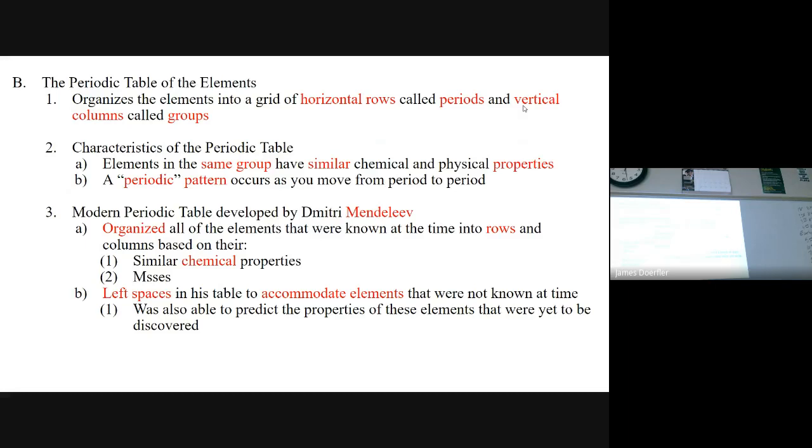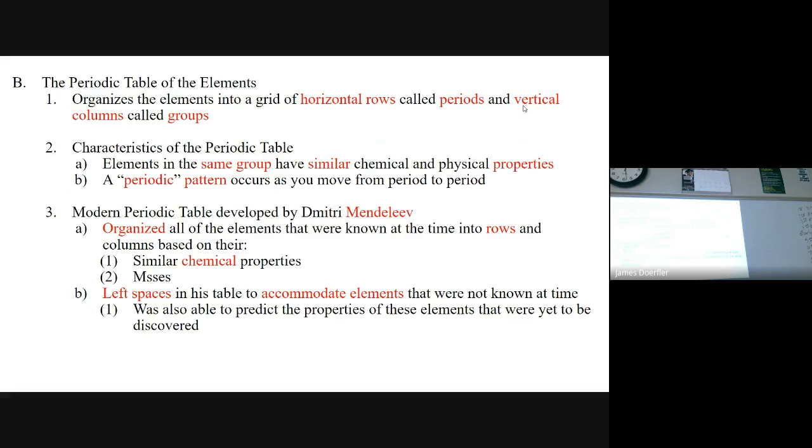So, yeah, that places us at about 118 or so, 115, give or take. Anyway, we have doubled the number of elements that we know of since Mendeleev did this.